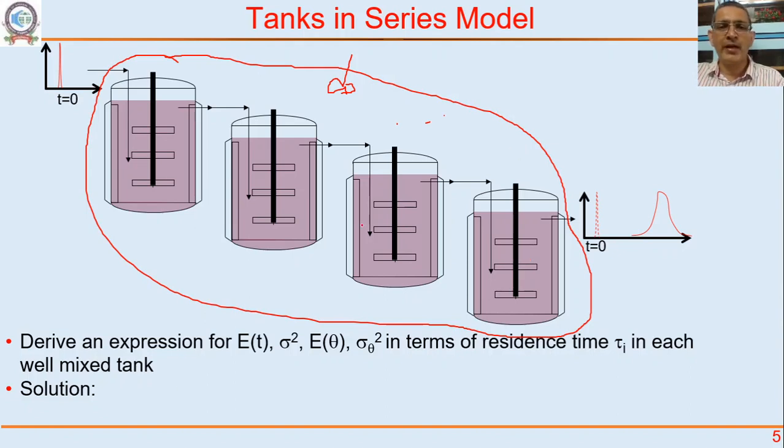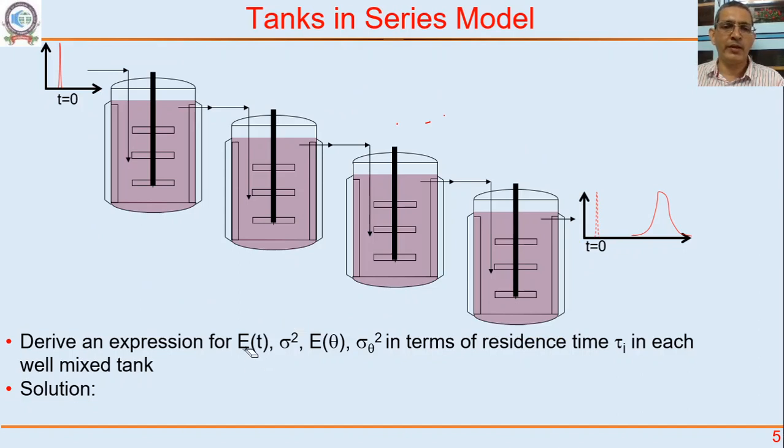I would like you to derive an expression for the E curve, E(t), sigma squared, E theta, and sigma theta squared in terms of the residence time tau I in each well mixed tank.